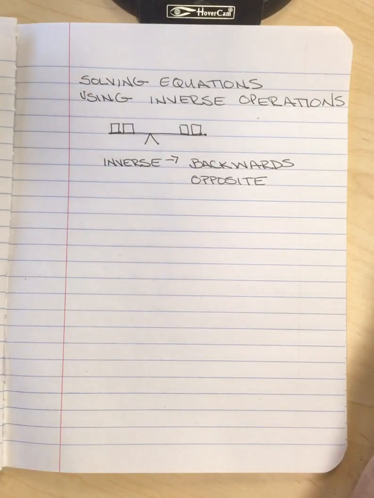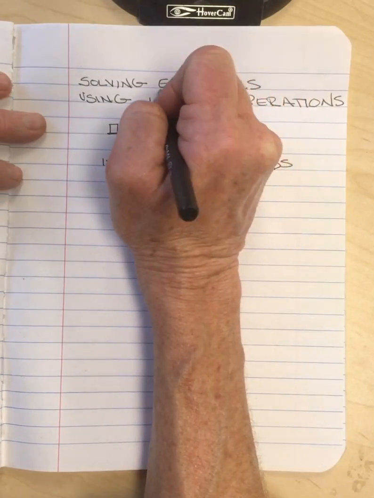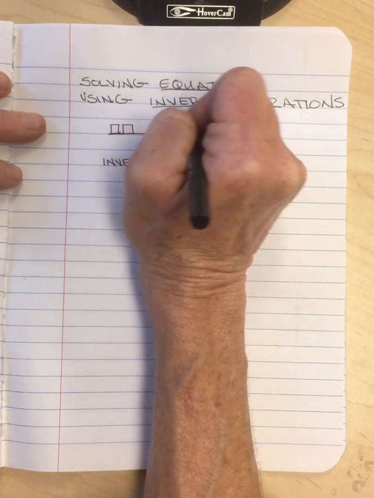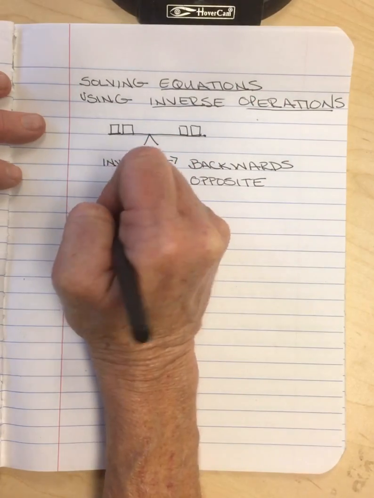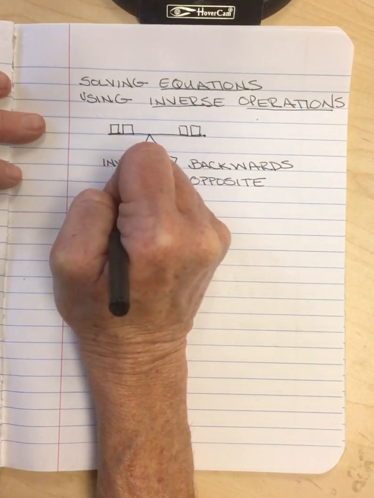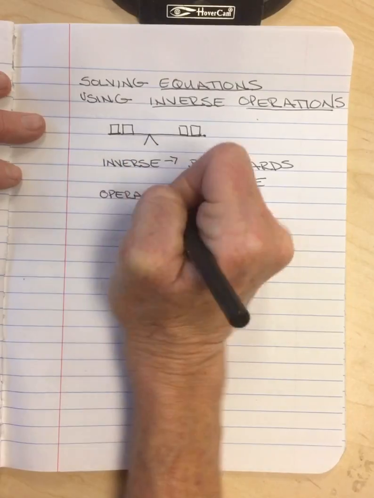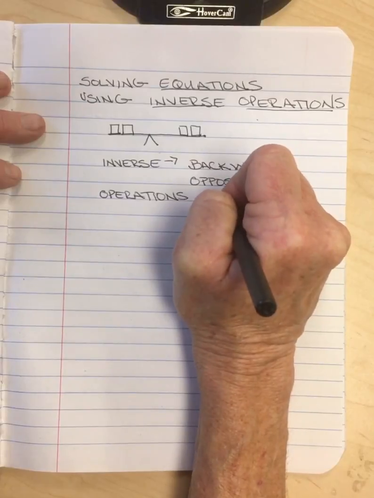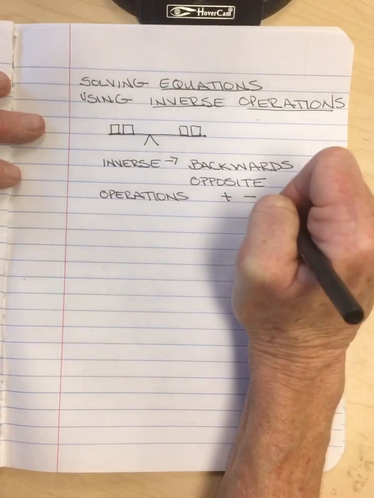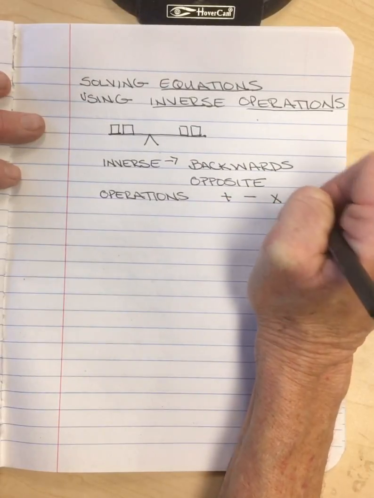Back is the inverse of front, right? Up is the inverse of down. So those are the opposites. And remember, our last vocab word here is operations. Remember, the operations are add, subtract, multiply, and divide.